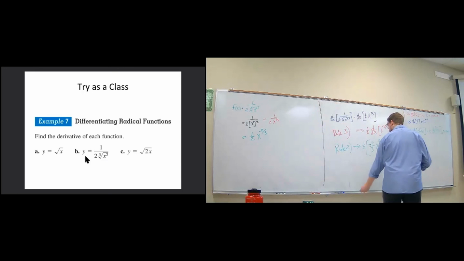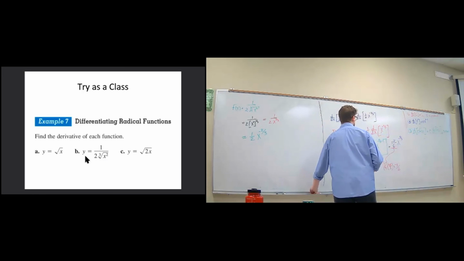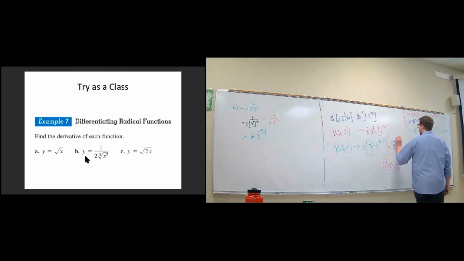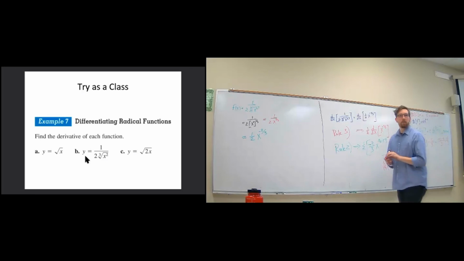And this comes from -2/3 minus 1 is equal to -2/3 minus 3/3 is equal to -5/3. Everybody cool?